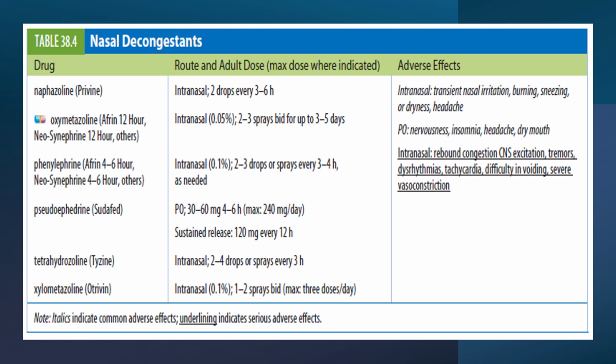Prior to the year 2000, pseudoephedrine was the most common decongestant included in oral over-the-counter cold and allergy medicines. Pseudoephedrine, however, is the starting chemical for the illegal synthesis of methamphetamine by drug traffickers.